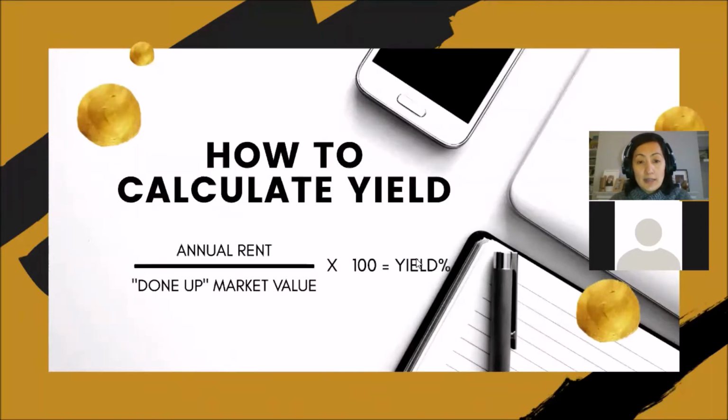So yesterday, we calculated yields, ROI, money left in the deal, and cash flow. Those were the 4 calculations that we were doing yesterday. And I mentioned yesterday that I actually use a spreadsheet to do this.